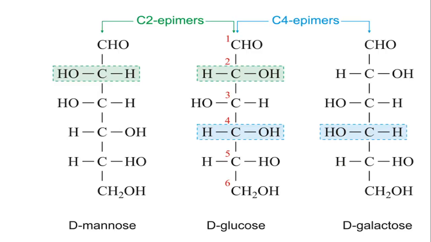That's the diagram, which is just illustrating what I have explained. So the one at the center is glucose. Remember that glucose also has stereoisomers.